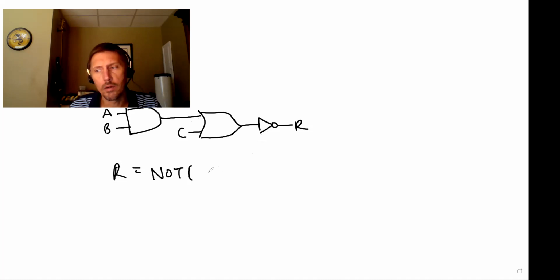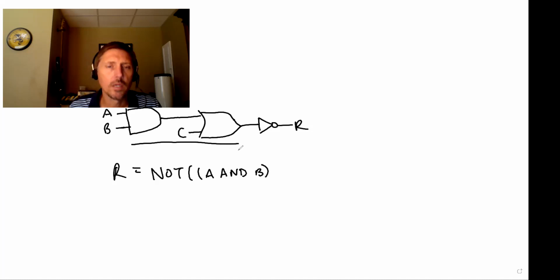Now you have to think through what we've got in the front here: an A AND B operation has to take place, and whatever the outcome of the A AND B has got to be ORed with this C that's going in.